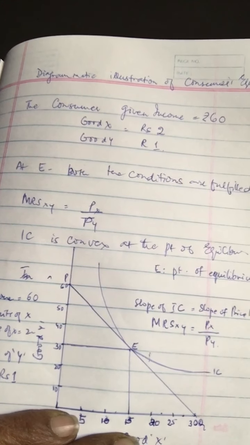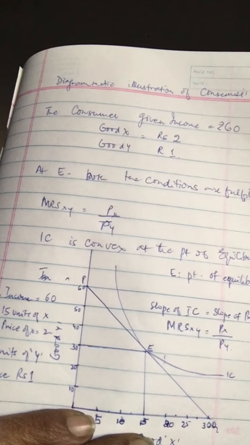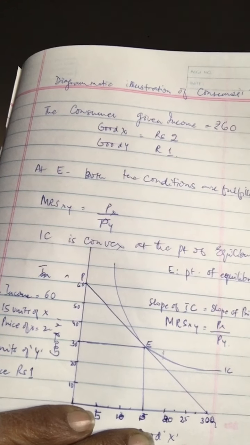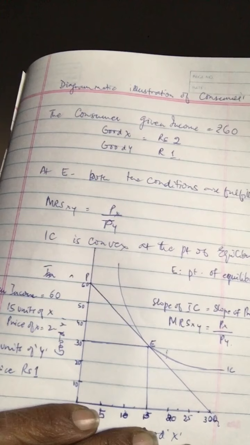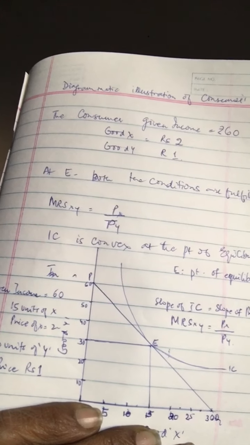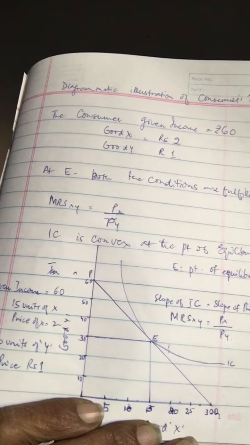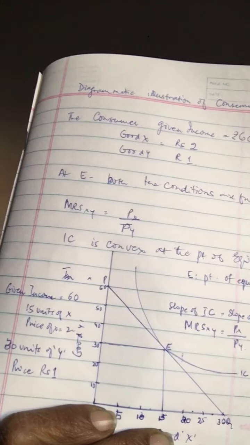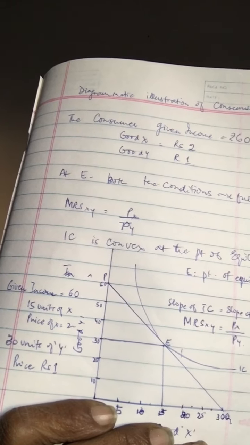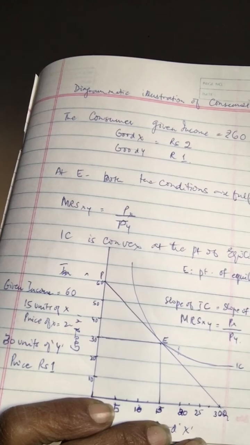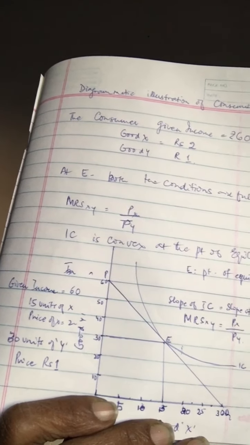So if MRS is equal to 2:1, indicating that the consumer is willing to sacrifice 2 units of good Y for 1 unit of good X, let Px upon Py be equal to 2:1, indicating that the price of good X is 2 times the price of good Y, or that 1 unit of good X can be purchased in place of 2 units of good Y. Thus, when the marginal rate of substitution XY is equal to 2:1 and Px upon Py is equal to 2:1, that is, both are equal, the consumer must be in a state of equilibrium, because the rate at which the consumer is willing to substitute X for Y is exactly equal to the rate at which the market allows it to be substituted for Y.